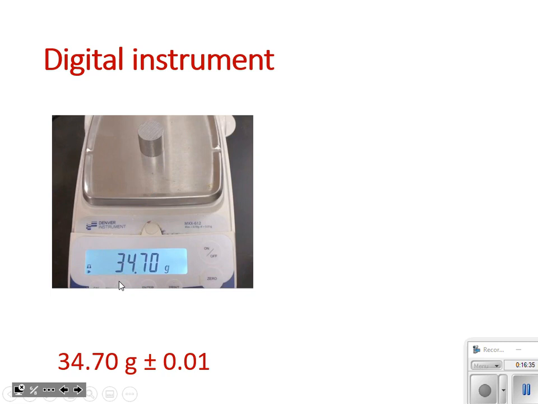So what I need to look at with my measurement is how far out the digital scale took it. I see that that number is not in the tenths, it is in the hundredths. So my uncertainty of this scale is going to be in the hundredths. So that's how I get that plus or minus 0.01.